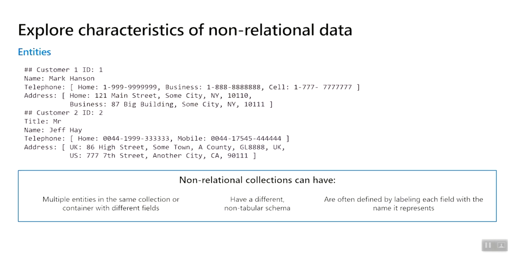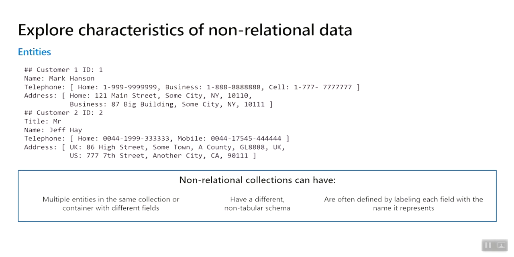The simplest type of non-relational database enables an application to specify either the unique key or a range of keys as the query criteria. In this example, the database would enable an application to query customers by ID only.